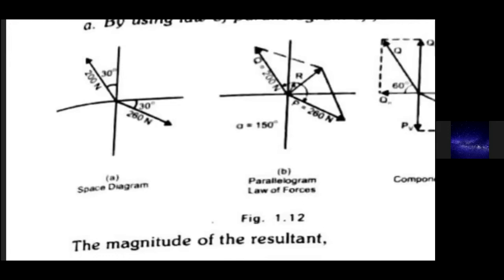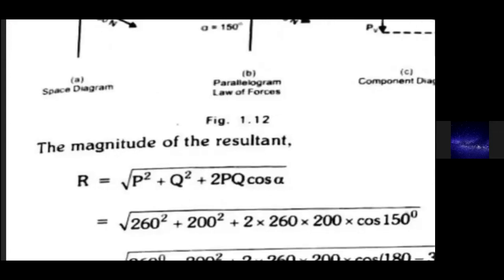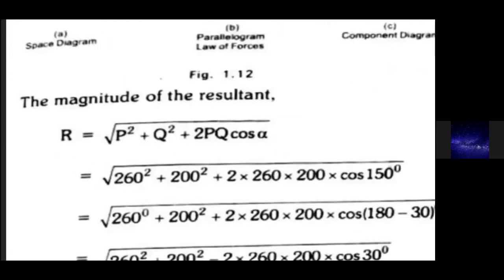The angle between the forces 200 Newton and 260 Newton is 150 degrees. Now just substitute the values in the resultant formula from the parallelogram law method.